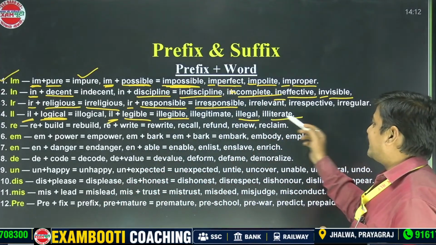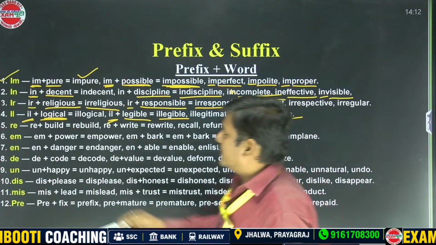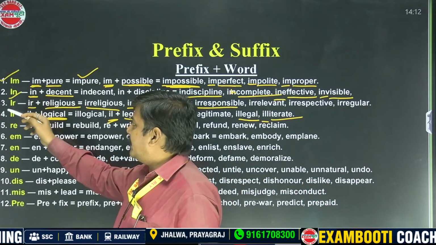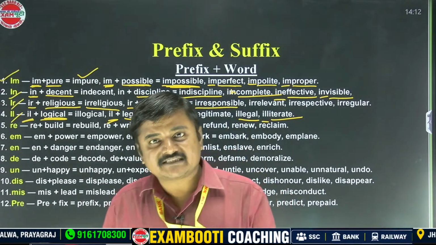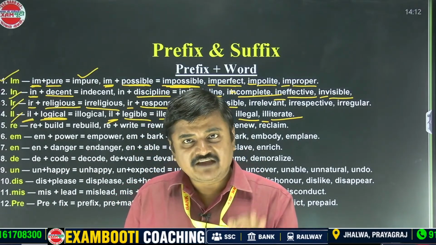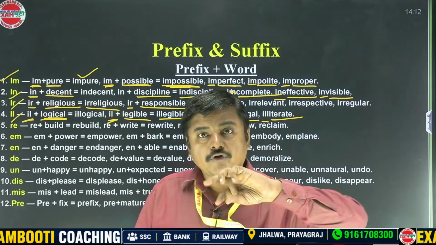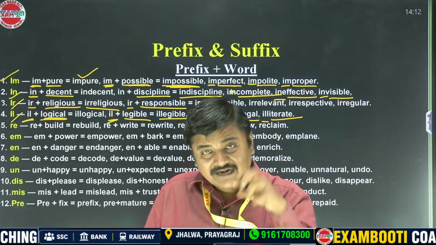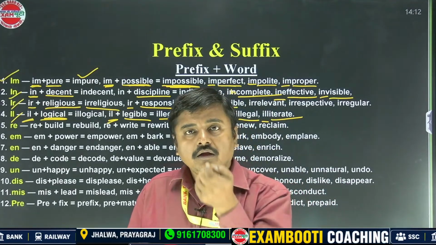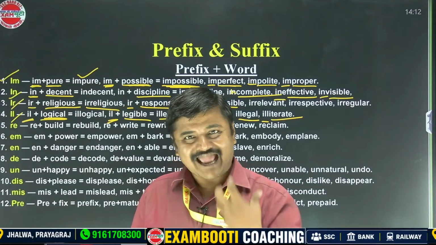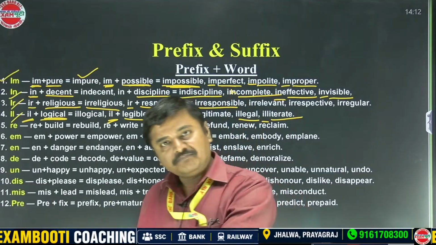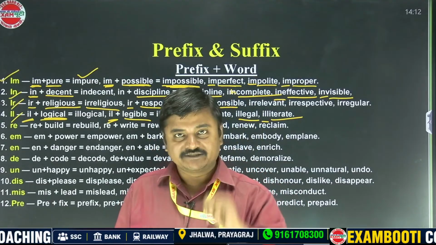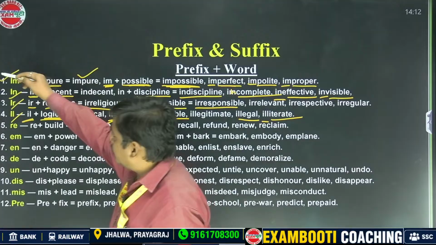Like literate and illiterate. So here IM, IN, IR, IL. All these prefixes, we can conclude that they form opposites when we add them to a certain word that is actually an original word or root word. When you add them, you will get their opposite. So this is the most important thing.